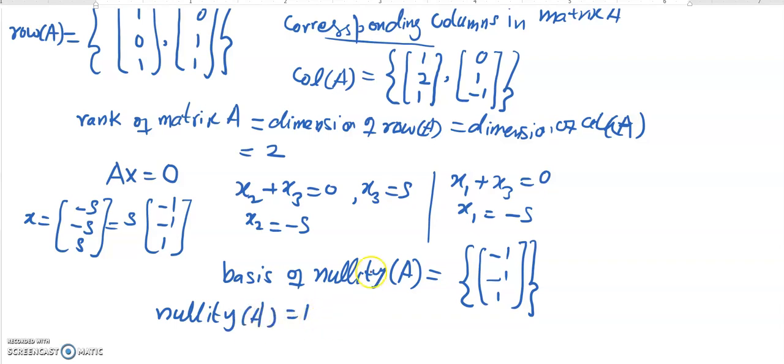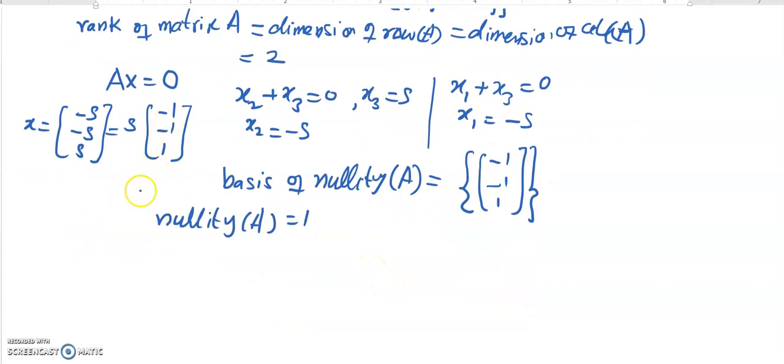Okay, and then we can see that rank plus nullity is equal to m, where m is the number of columns in the matrix A. This is called the rank nullity theorem.